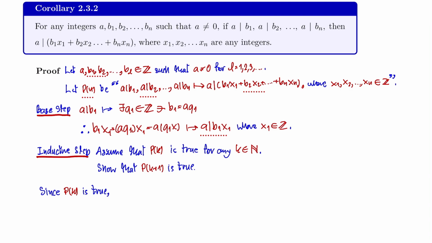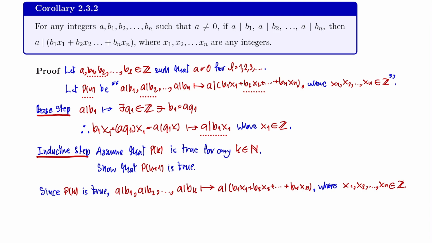We have a divides b1, a divides b2, all the way to a divides bk. And then a divides b1x1 plus b2x2 and all the way to bkxk, where x1, x2, all the way to xk are integers.